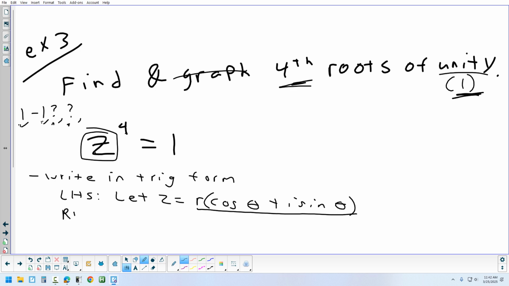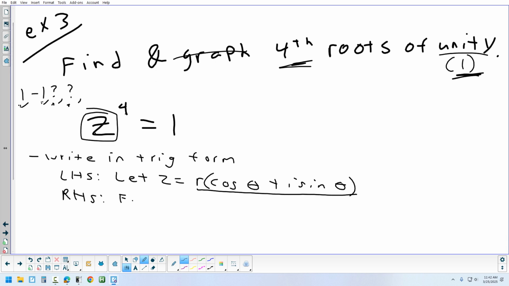Okay, so now the right-hand side, that's something very specific. We know it's the number 1, so we have to change that to trig form. Find radius and theta as exact numbers. So let's think about the number 1. There's no imaginary part.